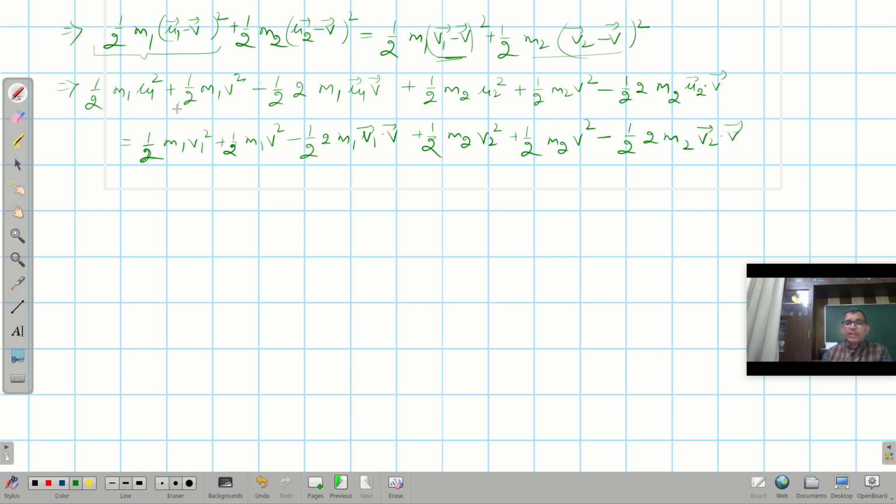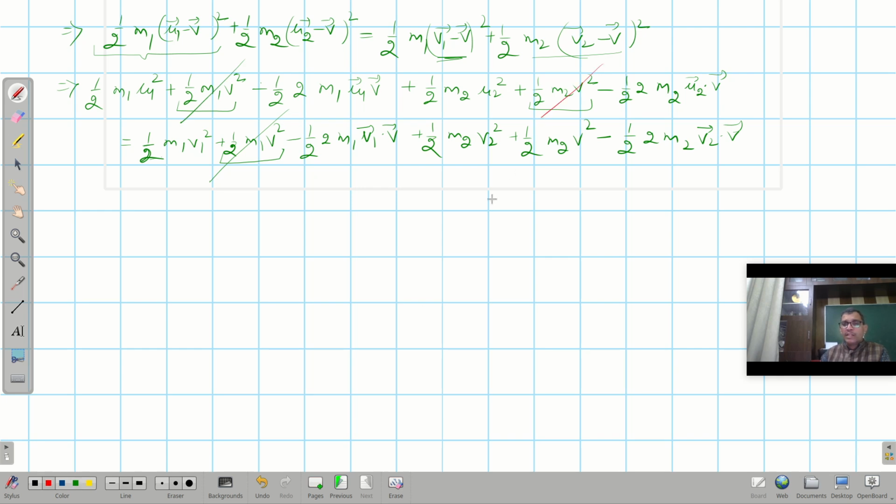So if I look at this, this is half m1 v square, and similarly half m2 v square, and on the other side similar terms are there, both are equal and opposite, so these will cancel out.